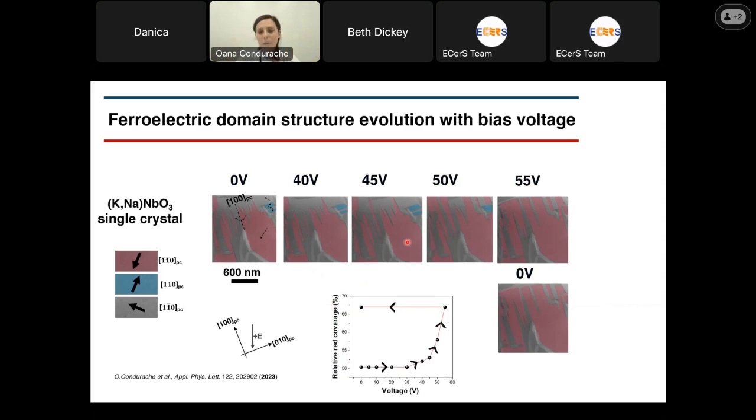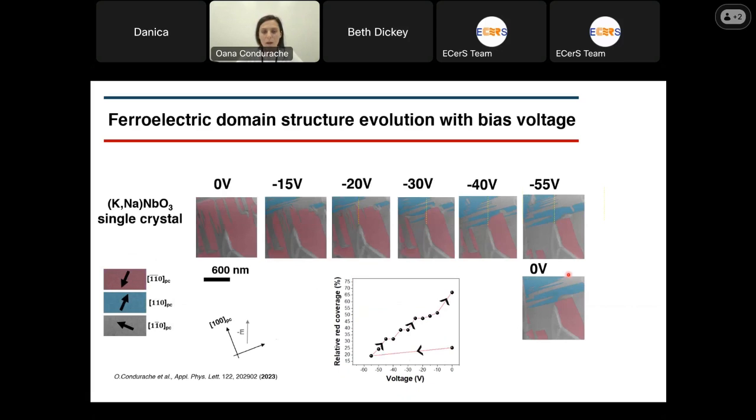We can describe how the growth and nucleation take place. In this case, it's always from the tip of the needle-like domains. The growth is forward until the domain meets an obstacle, and then they start to grow sideways. In this case, there was no back switching when we came back to zero.